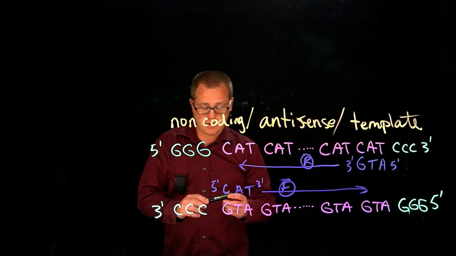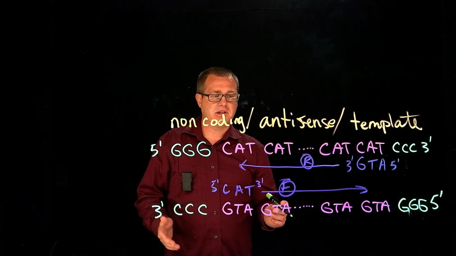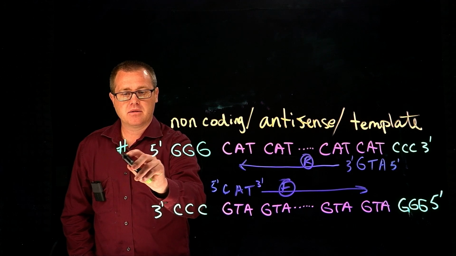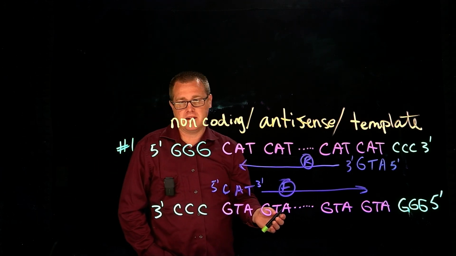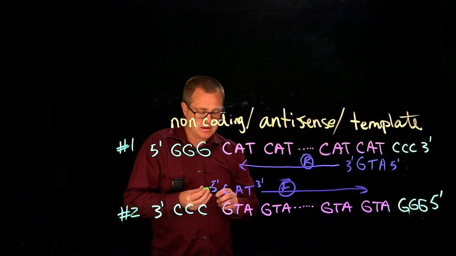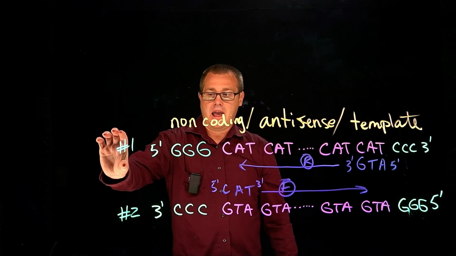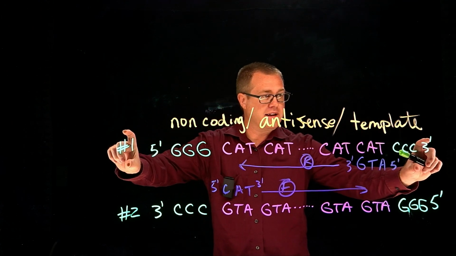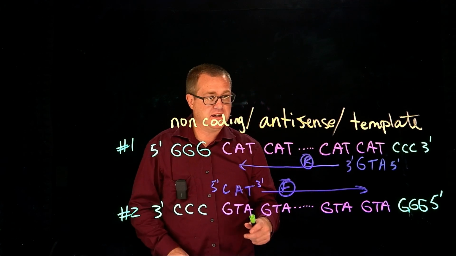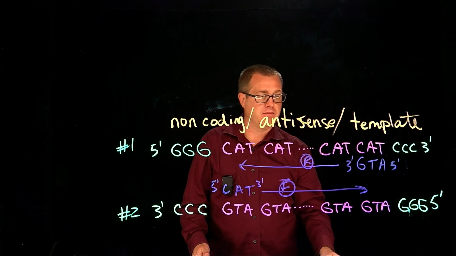So what I'm going to do now is I'm just going to try to enumerate these strands so we can keep track of them. So I'm going to call this number 1 strand, and this is number 2. Okay? Now when we do the PCR reaction, and we're going to do the PCR reaction on this number 1 strand, after the PCR, what does your DNA molecule look like?